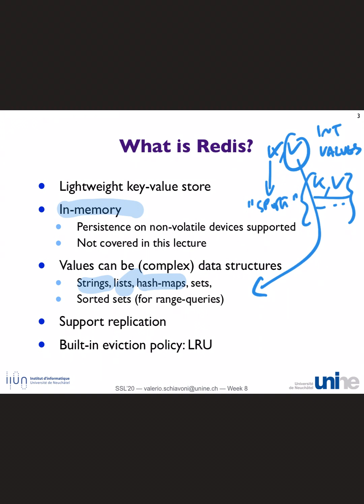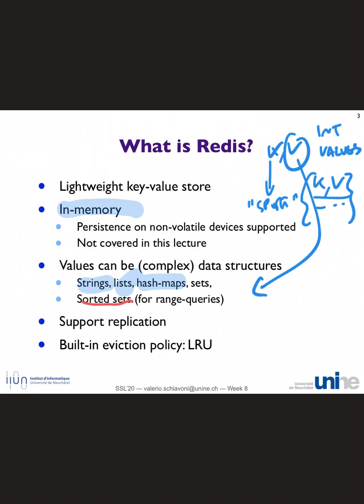You might have sets as entries of your key value. You can have also sorted sets. So the set that is used as a value of your key value is itself being sorted natively by the system.